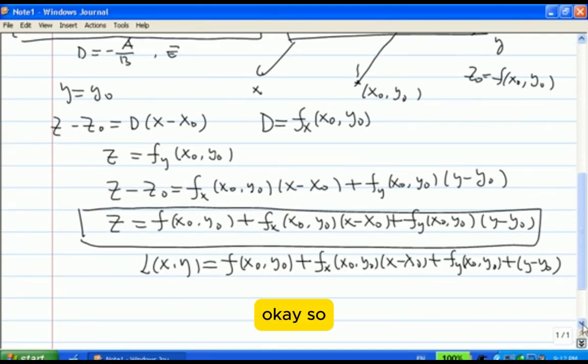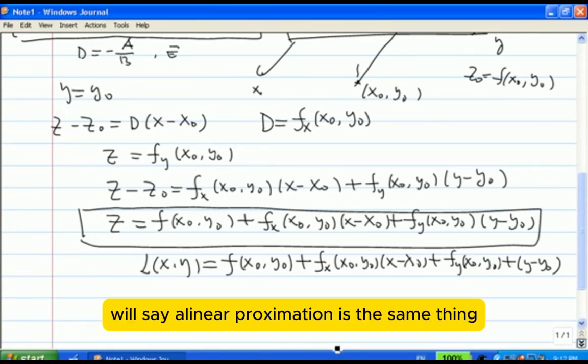So finding the equation of the plane and finding the linearization, or linear approximation, is the same thing.